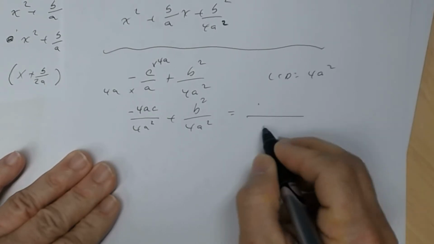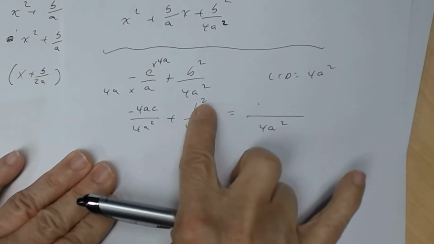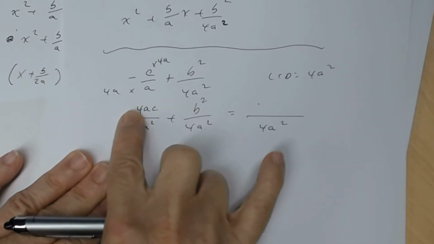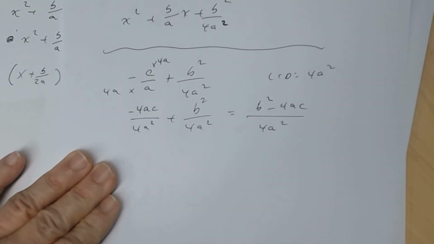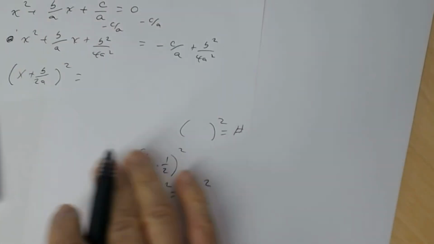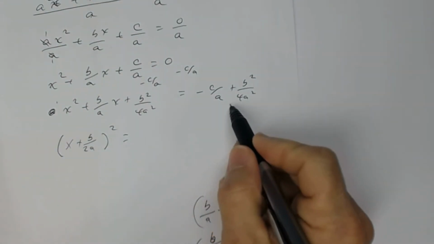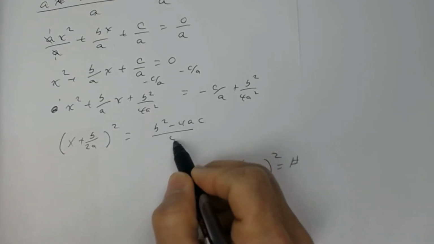So my denominator is going to be 4a squared, and the numerator becomes positive b squared minus 4ac. So that right here is this. It becomes b squared minus 4ac all over 4a squared.